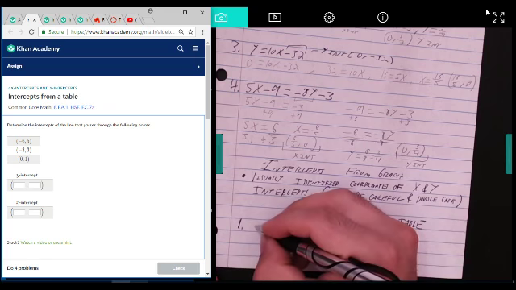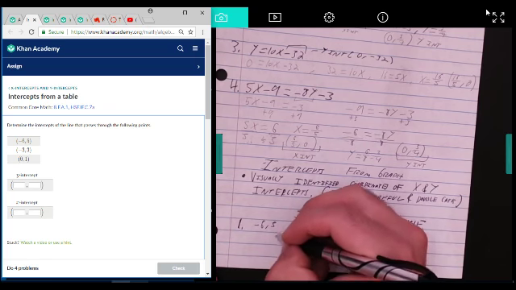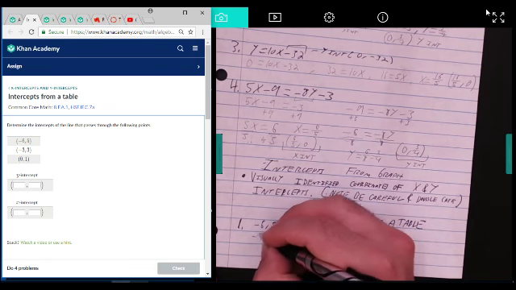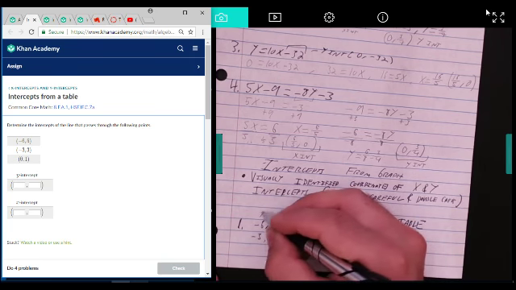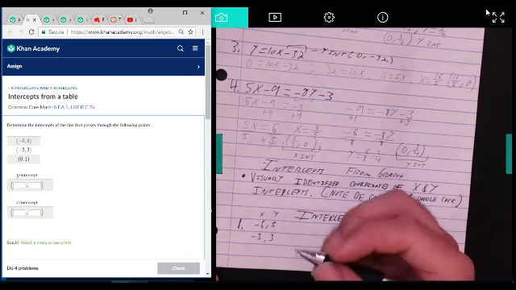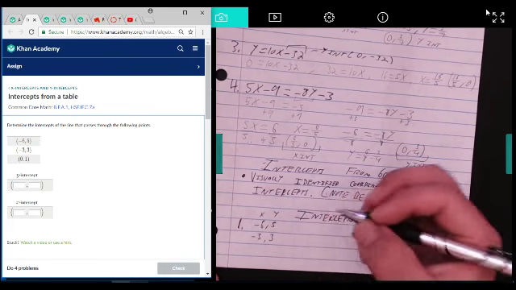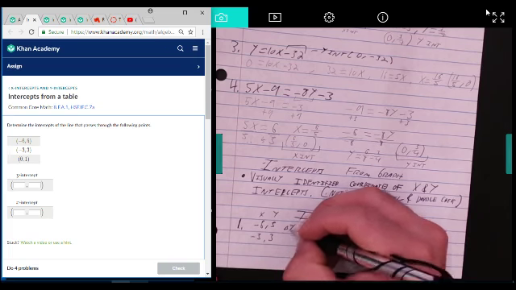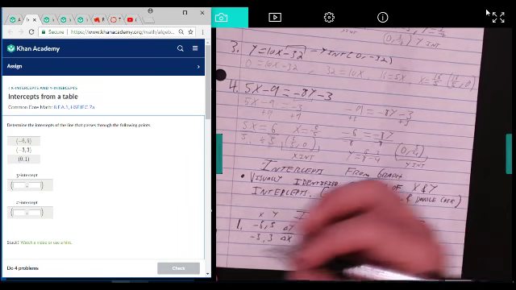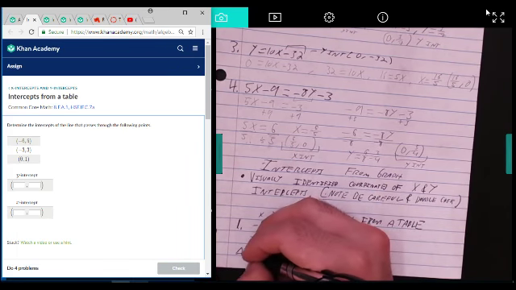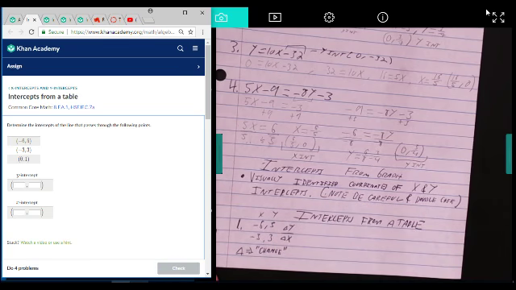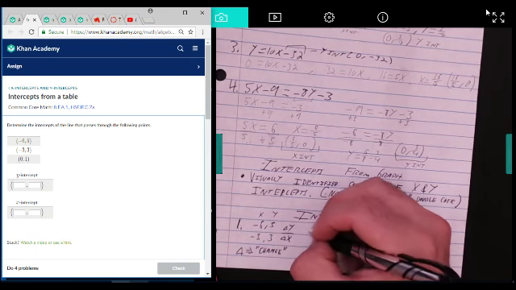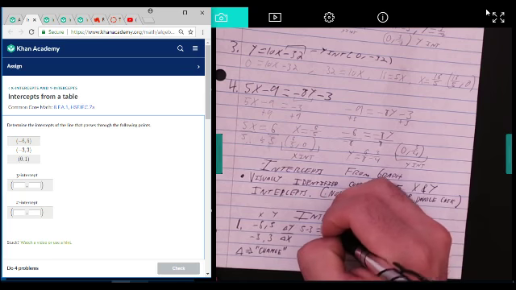So we have negative 6, 5, and negative 3, 3. So the change in x and the change in y. So here the slope is going to be change in y over change in x. That delta, that means change. So that's an important thing to know. So the change in y is going to be 5 minus 3, which is equal to negative 2.